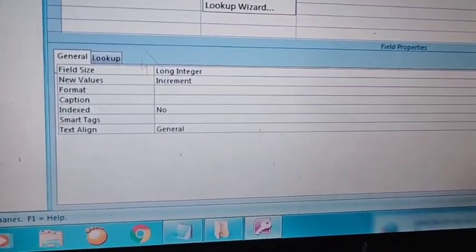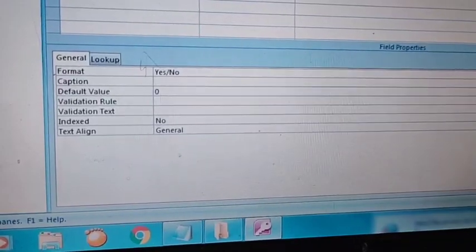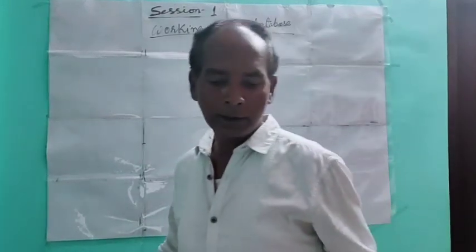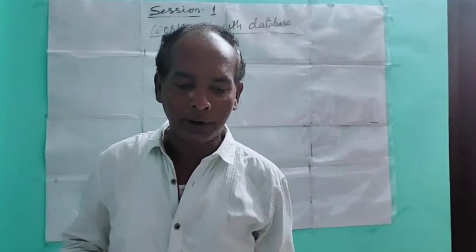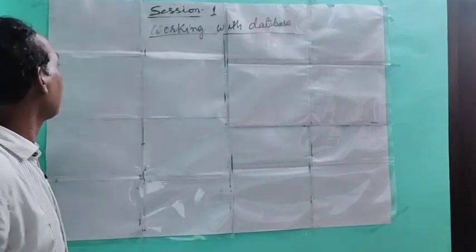I just show you one by one. See, all the properties are different for different data types. So under different data types, in numbers, there are different formats of numbers and field sizes.